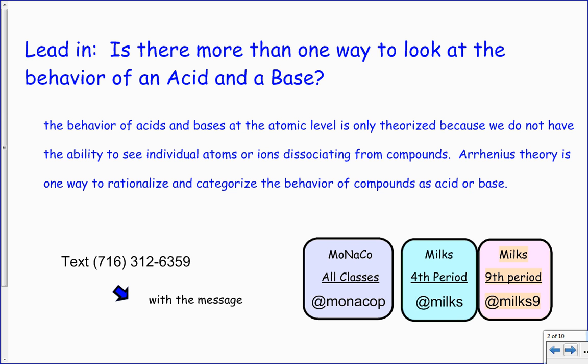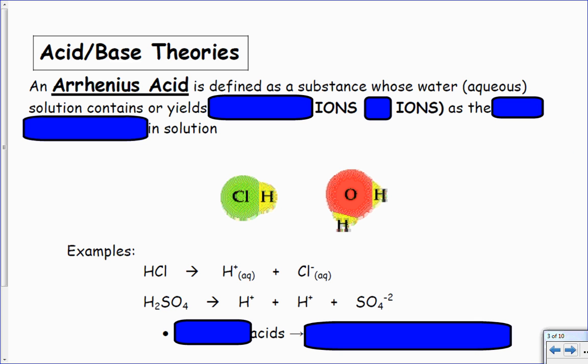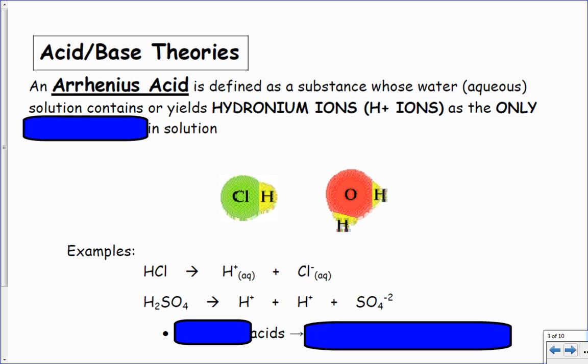Let's just look at the atomic level, what's going on with the dissociation of an acid and base, and why an acid is an acid and a base is a base. So an Arrhenius acid, once in aqueous solution, yields hydronium ions or H plus ions as the only positive ion. Let's look at this example.